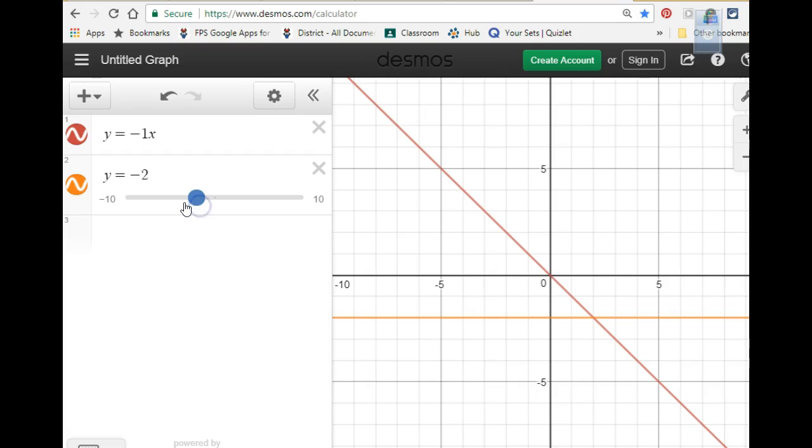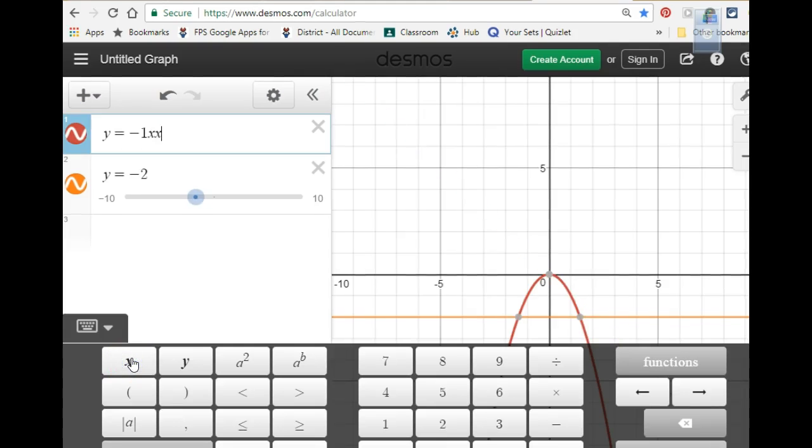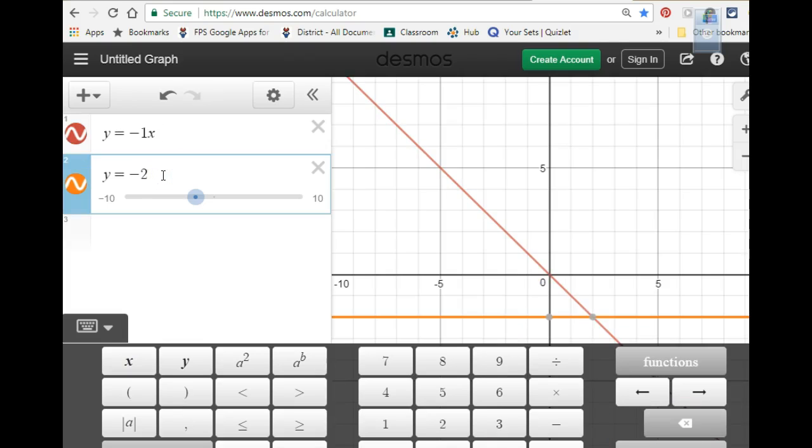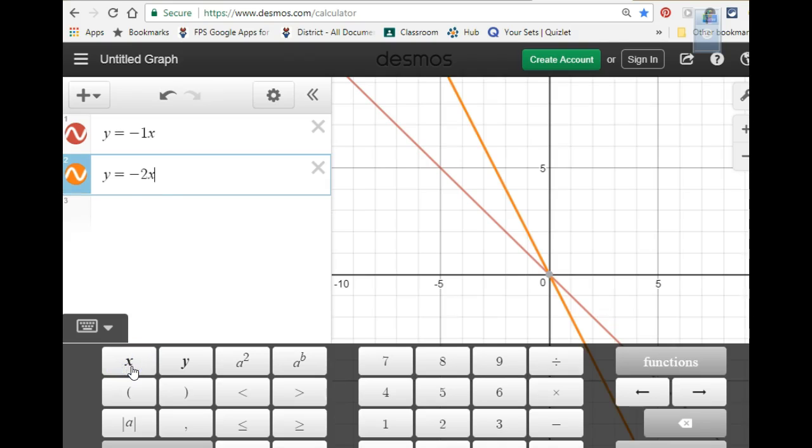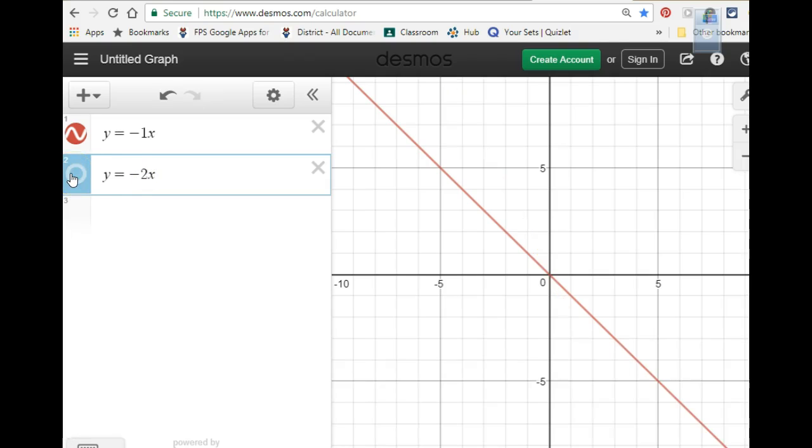Now I'm going to put -2, and now in this one, we put the x. But if I click on, let's see, how do I get that slider? I'm trying to remember. Hit the raise to x.